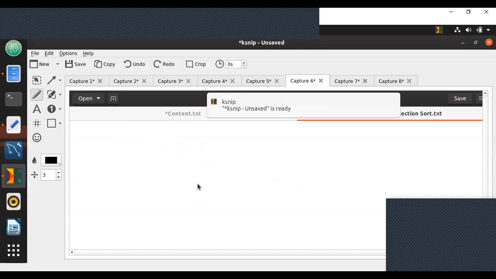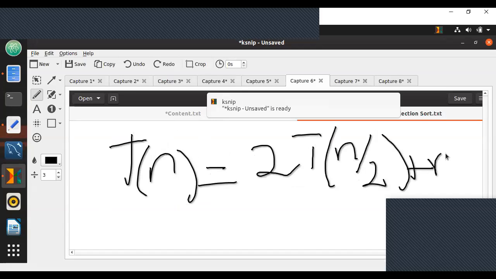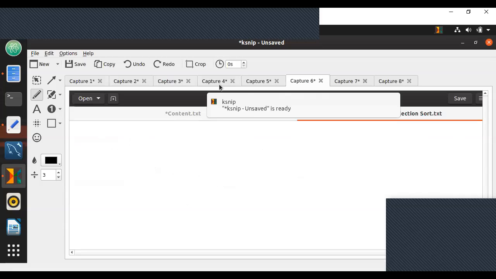So if you learn master theorem, it comes up with an equation where T of n will be equal to 2 times T of n by 2 plus n minus 1, because one step is going to be lesser, you're doing n minus 1 comparisons. Last value you're not supposed to. So this T of n by 2 will pretty much become log n and perform the whole thing. So merge sort also is basically n log n itself.